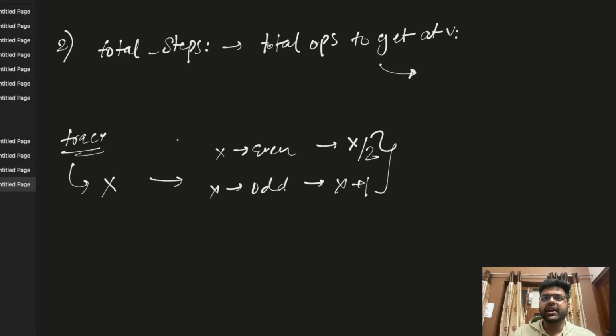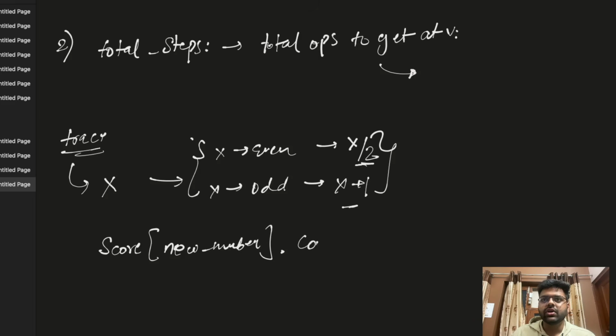We would update this operation into our hash map, a scoreboard kind of hash map you can maintain. Let's suppose we make a hash map, and here we would define a new number, working as new number dot count. This count is the frequency of this element.